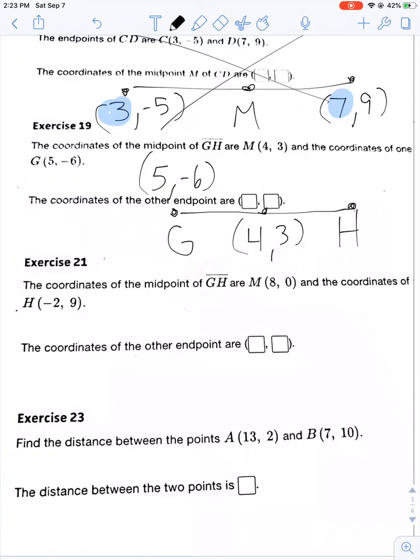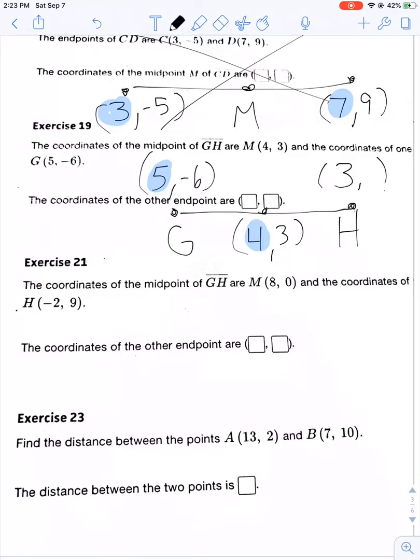So we got to figure out, well, it's H. So we figure out now, since it's the midpoint, we're just asking ourselves, how far is it from here to here? Well, it's going down 1. So if that's halfway, then we would go down another 1 again. Well, 4 minus 1 is 3.